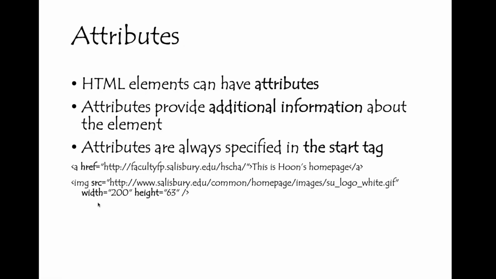The last one is attributes. Sometimes students are confused between elements and attributes, but make sure elements means contents that you actually show on the web page. Attributes means additional information about the element. Let's use some examples. If you want to add a hyperlink, as I mentioned before, you can use the a tag. For example, this is Hun's homepage.